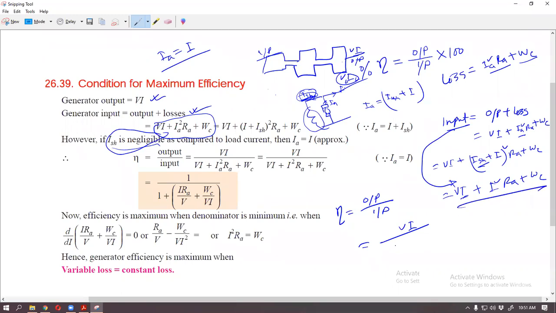So input is equal to VI plus I square Ra plus WC. Okay, I understand. All are clear? Yes, sir. Now just step by step divide.